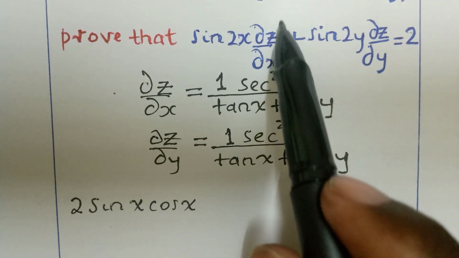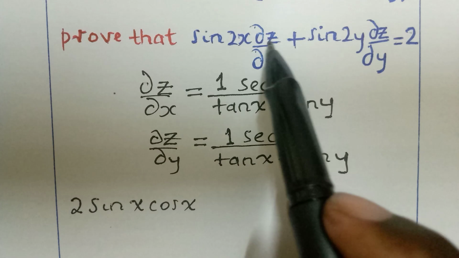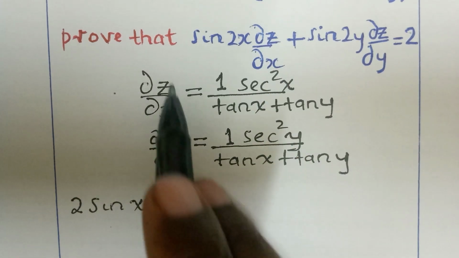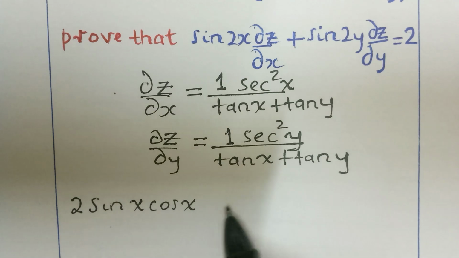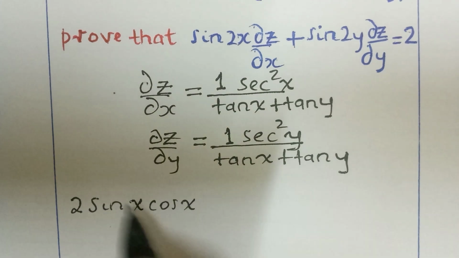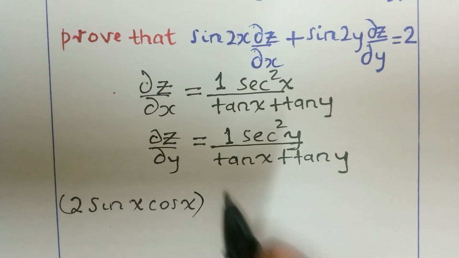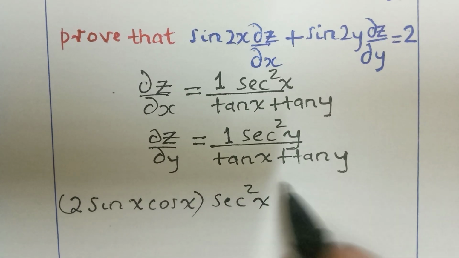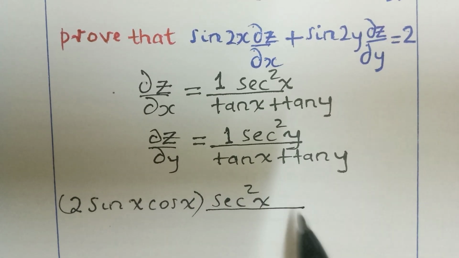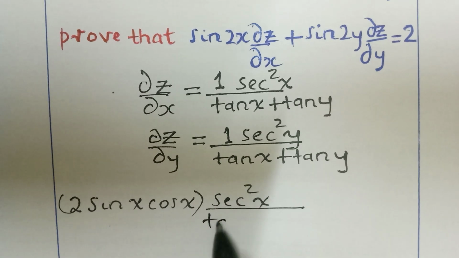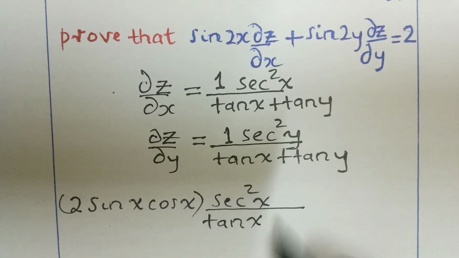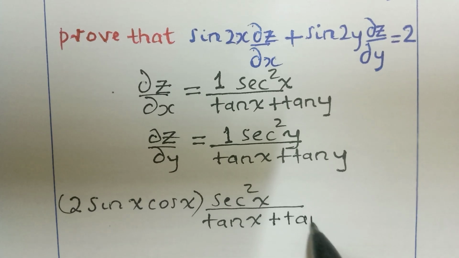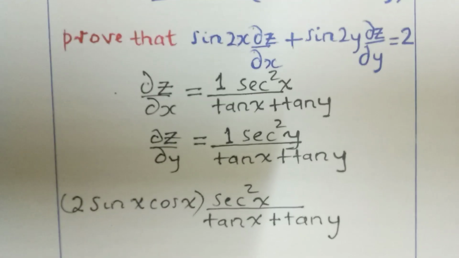Then I multiply that with the partial differentiation of z with respect to x, which is the first one, so you multiply that with sec squared x all over tan x plus tan y, like that.